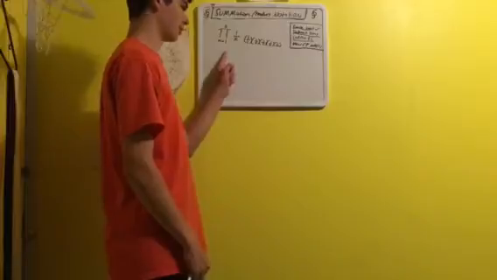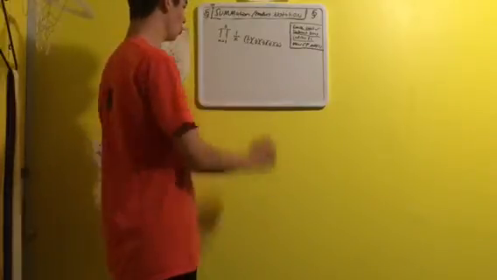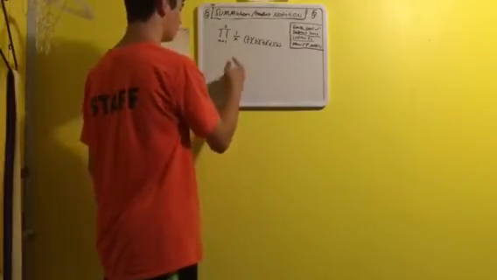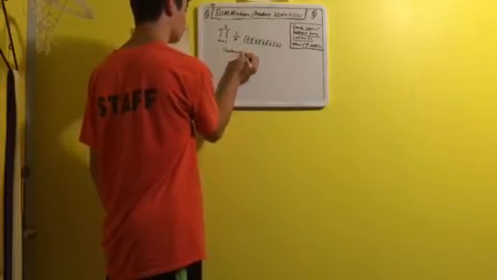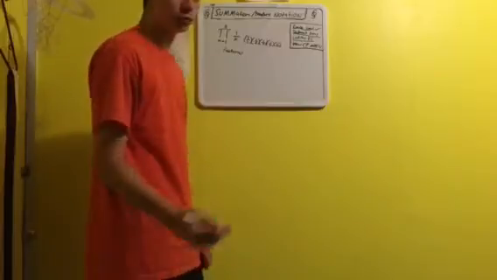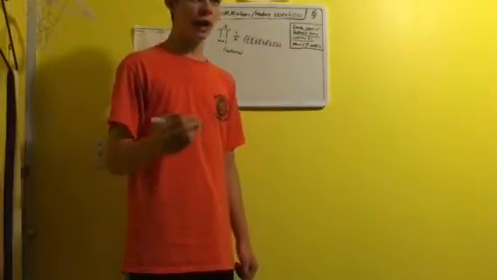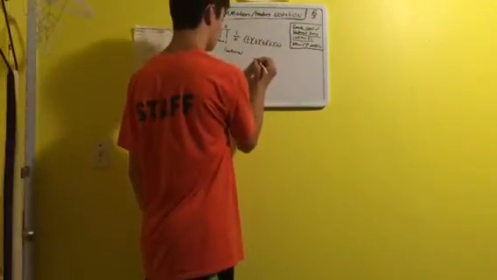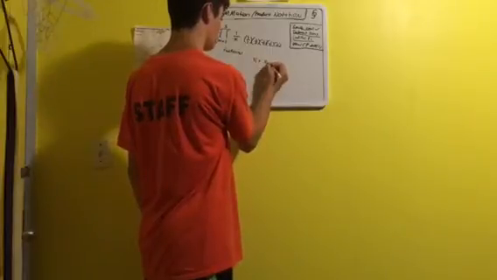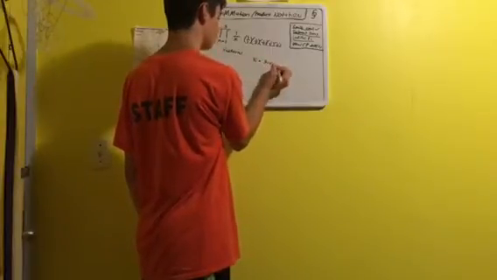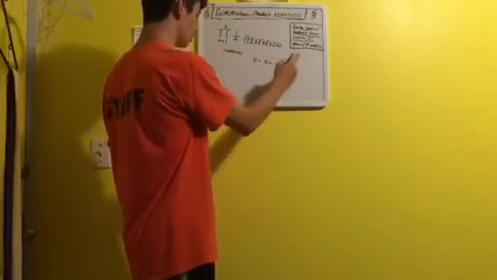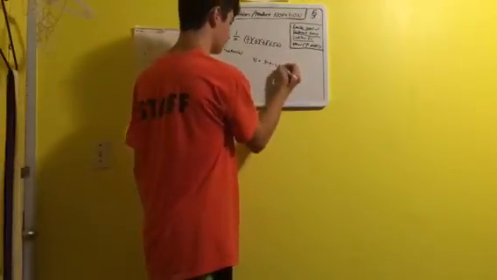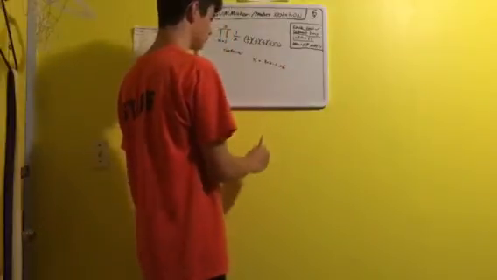Now, we can compare this to, if you don't know what a factorial is, a factorial is pretty much like if we had, let's say, 3 factorial, that would be 3 times 2 times 1, which in a sense is what this is doing, because 3 factorial would be 6.